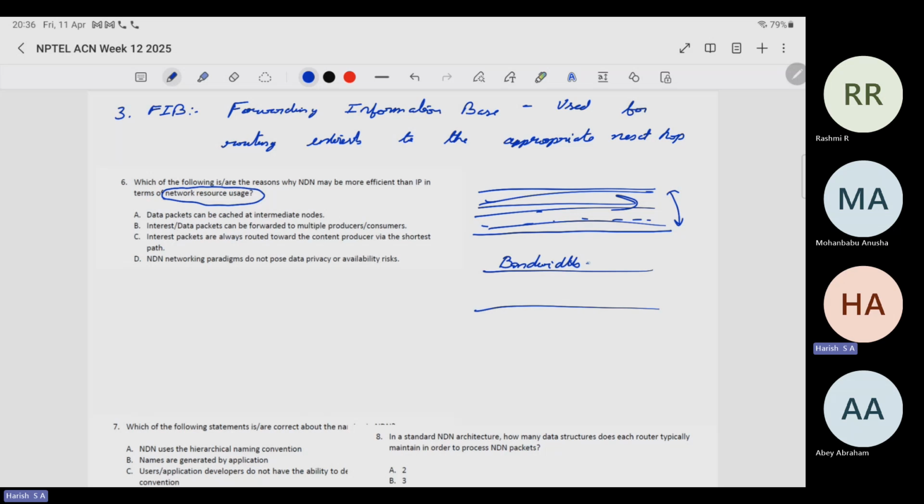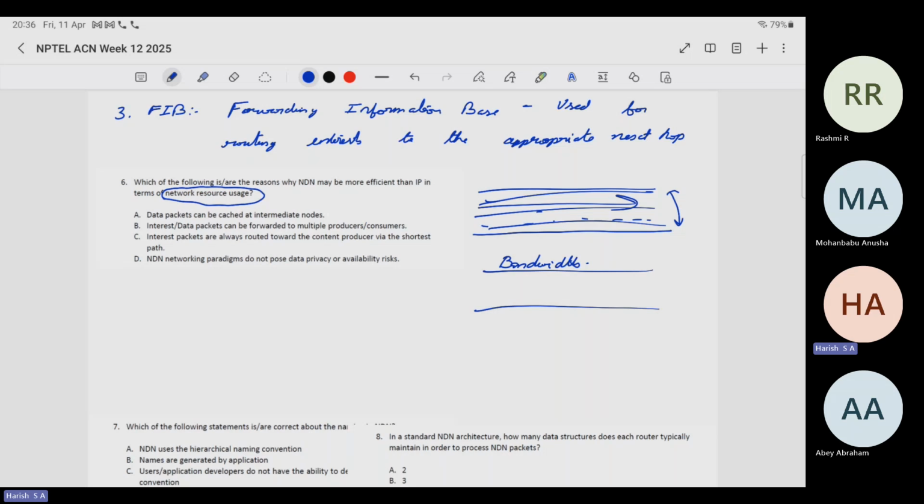They're asking which of the following are the reasons why NDN may be more efficient than IP in terms of network resource usage? Okay, now, why possibly could these reasons be? NDN's design inherently aims at increased efficiency, right? But where do these efficiency improvements come from?